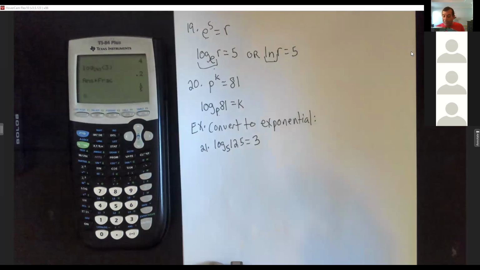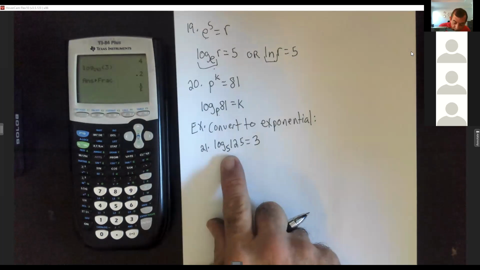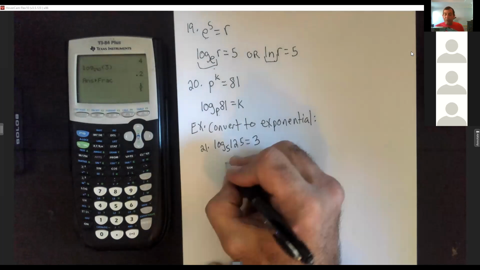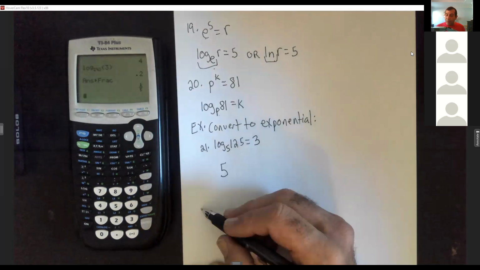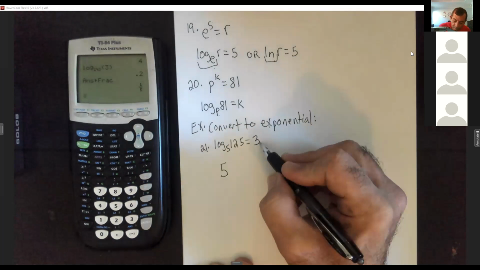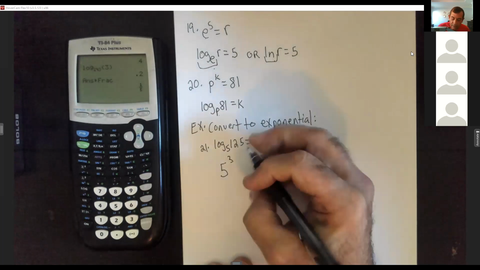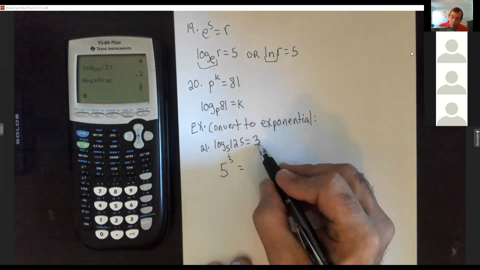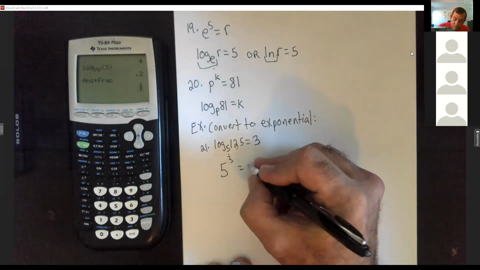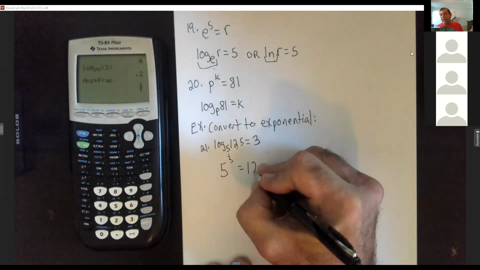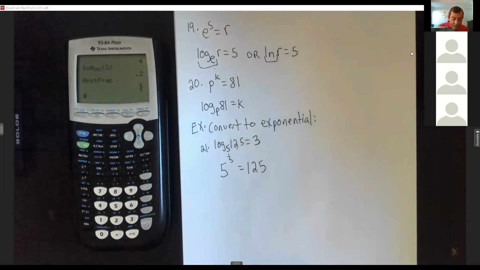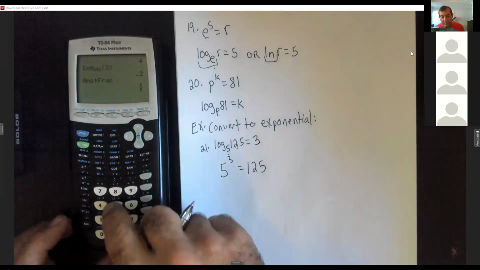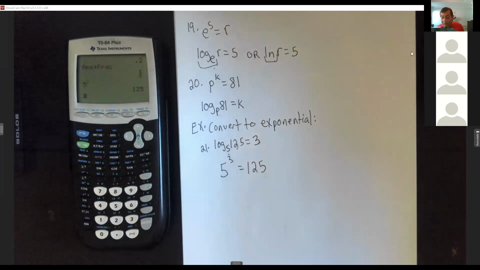So you're going to start with your base, which is the 5. You're going to raise it to the exponent, which is the 3. So 5 to the third power is going to equal 125. And to check them, you can just punch in 5 exponent 3, and it'll kick out a 125 for you, okay?